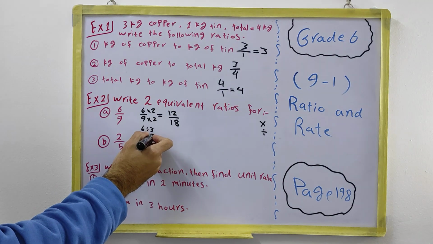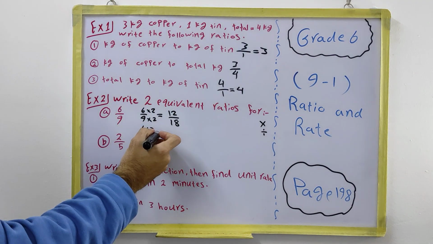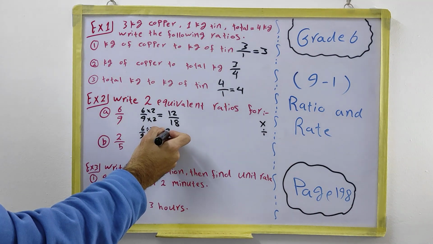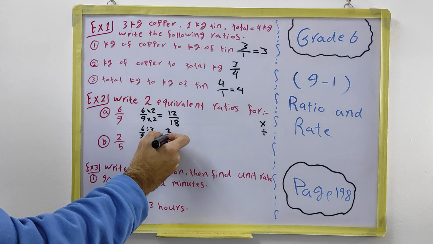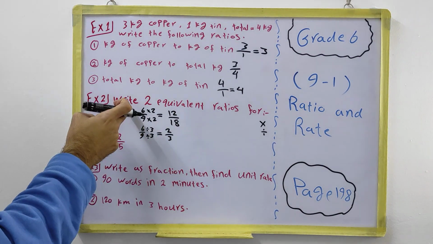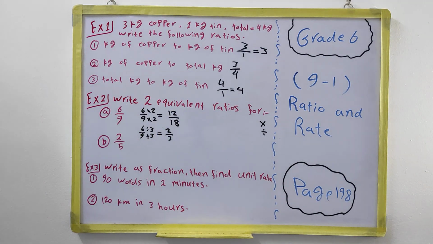But if you choose to multiply, you can multiply by any number. 6 divided by 3 is 2, and 9 divided by 3 is 3. So 2 over 3 equals 6 over 9, and 12 over 18 equals 6 over 9.